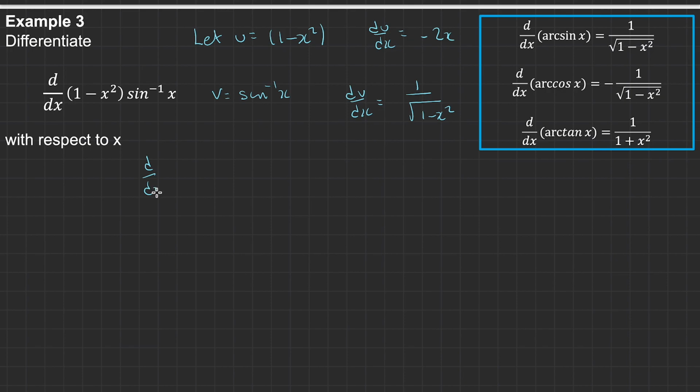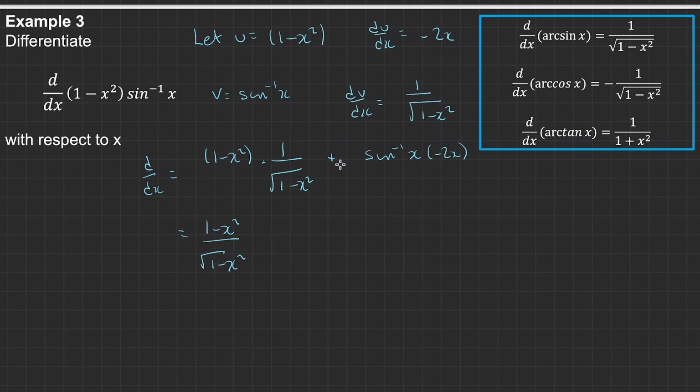d by dx will be u, 1 minus x squared, times dv, so multiply by 1 over the square root of 1 minus x squared, plus v, the arc sine of x, times du, so times negative 2x. We can write this as a fraction, so 1 minus x squared over the square root of 1 minus x squared.